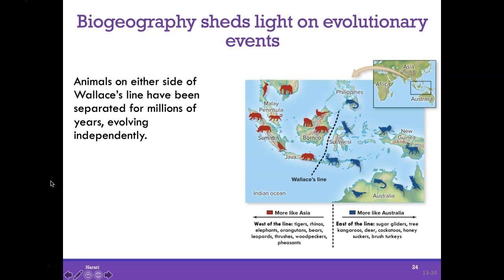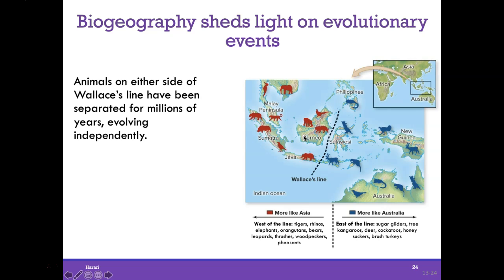So Alfred Russel Wallace, who independently discovered natural selection alongside Darwin, was investigating something very unusual in the Malay archipelago. He noticed that there was this imaginary line, now we call it Wallace's line, where on the west side of the line, all of the animals were very much like those found on the Asian continent.